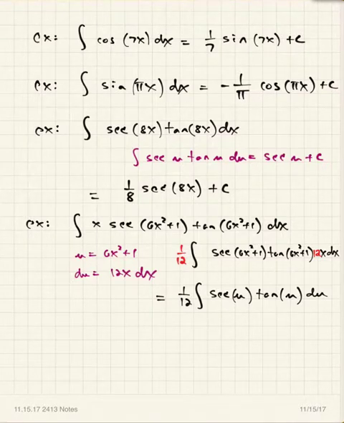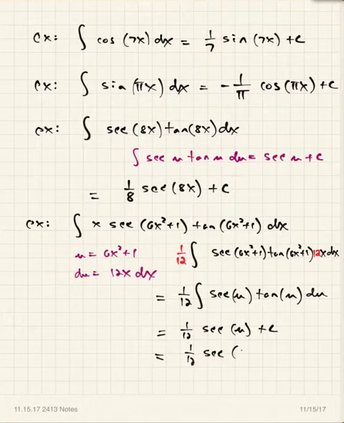This matches a basic integral form. And so this is 1/12 secant of u plus a constant, and then substitute in for that u, right? Go back to x's at the end, which would be 6x squared plus 1. So this is 1/12 times secant of 6x squared plus 1 plus c. And there's our antiderivative.